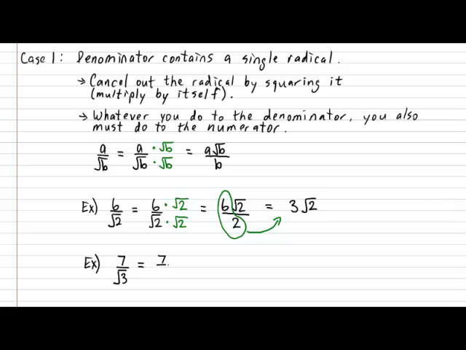So 7 over root 3. Multiply the numerator and denominator by root 3. And that gives me a result of 7 root 3 over 3. And 7 over 3 does not reduce any further, so I'm done.